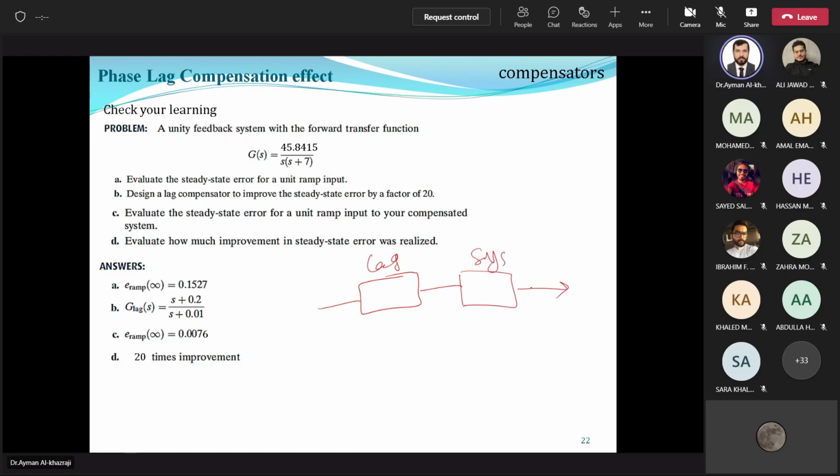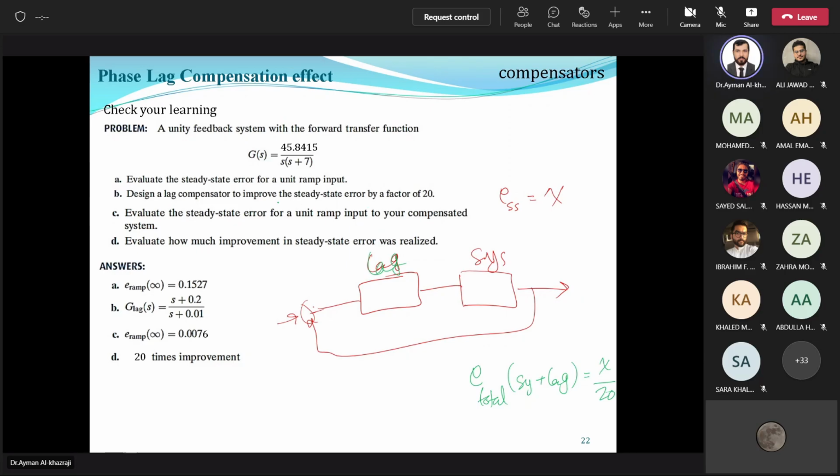Okay, right? So your error of the system equals, suppose, X. I want you to design the lag so that the total error, it means system plus lag, equals X/20.